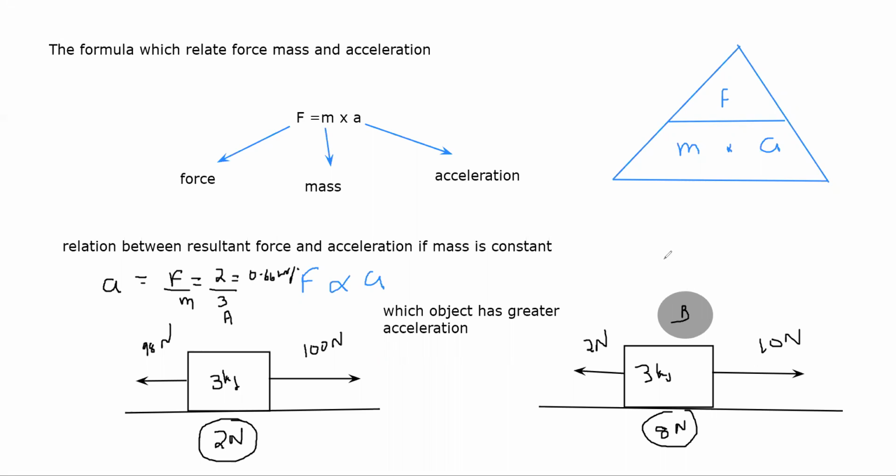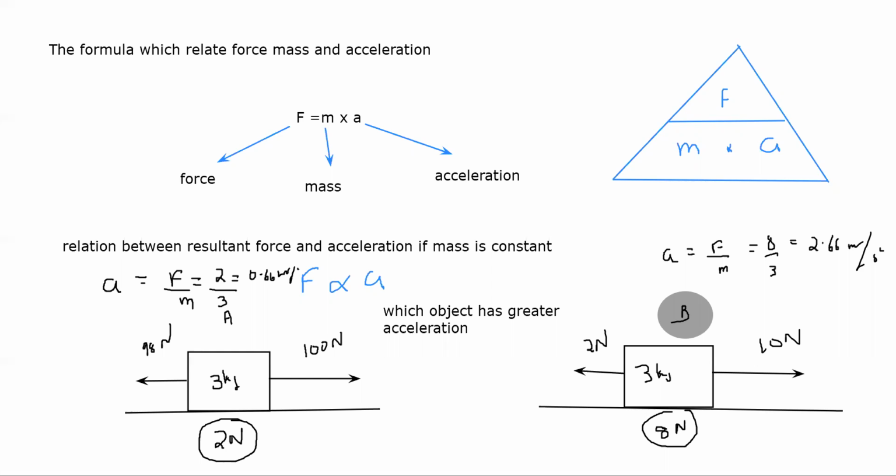And when I find the acceleration of this, again it will be force divided by mass. So force is 8, the mass is 3. So this will be 2.66 meter per second square.